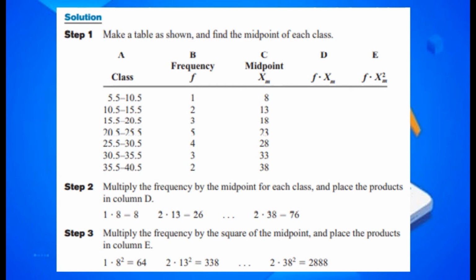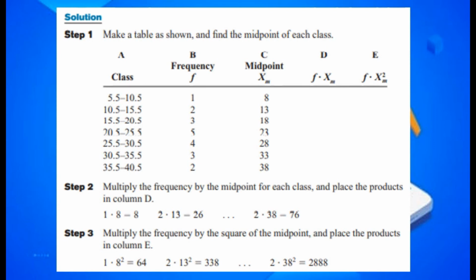Then step 2, multiply the frequency by the midpoint for each class and place the product in column D. So let's multiply the frequency and their corresponding midpoint to get the column D. 1 multiplied by 8 is equal to 8. Then 2 multiplied by 13 is equal to 26. Then multiply the other frequencies by their midpoints. The last is 2 times 38, equal to 76.